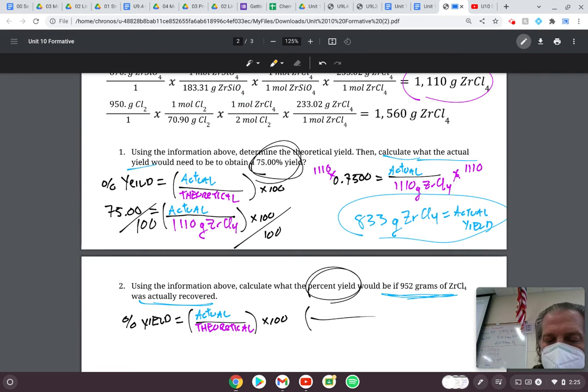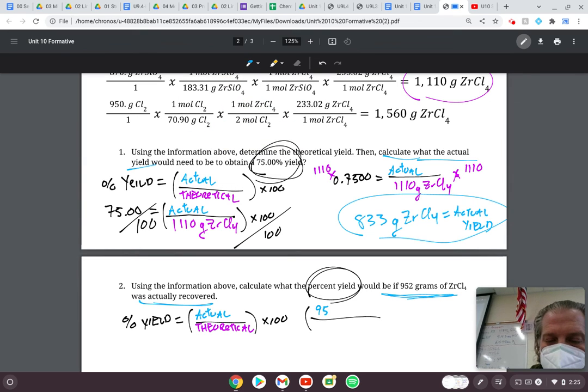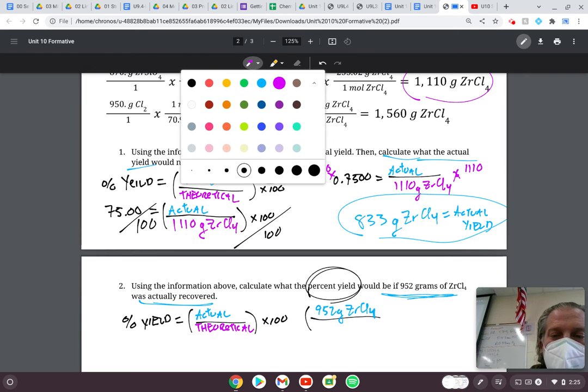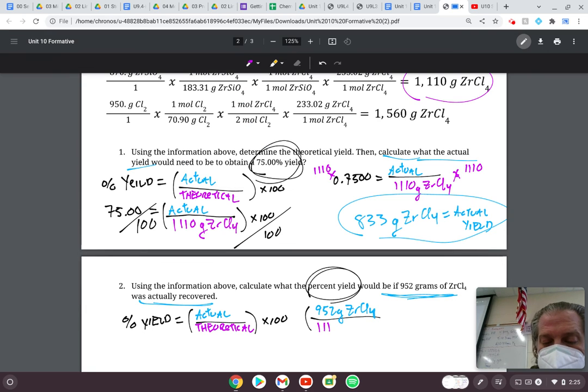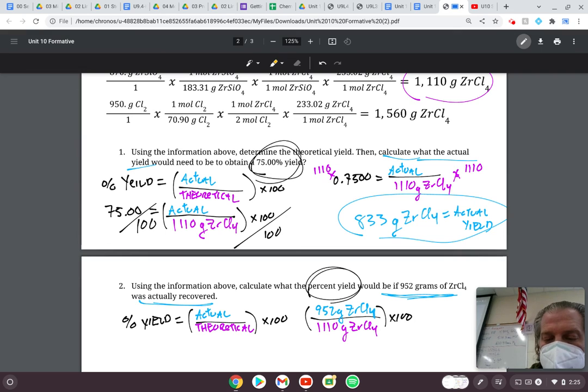So in this problem, we know the actual that's recovered is 952 grams of ZrCl4. And we also know that the theoretical yield, because that has not changed, is 1,110 grams of ZrCl4 times 100.